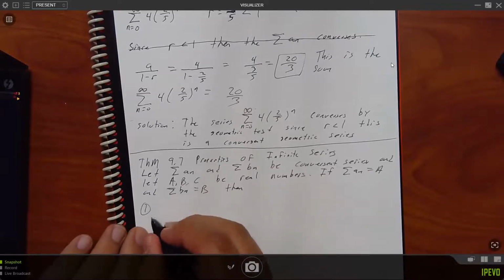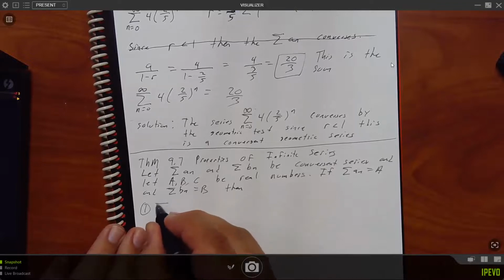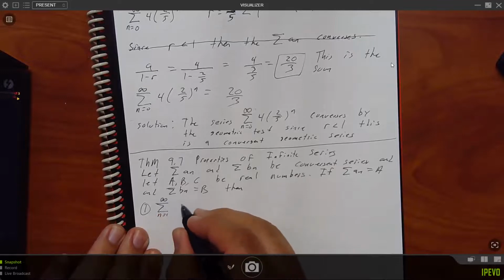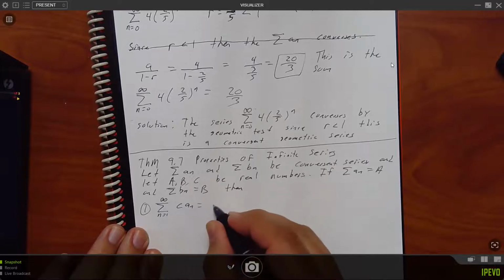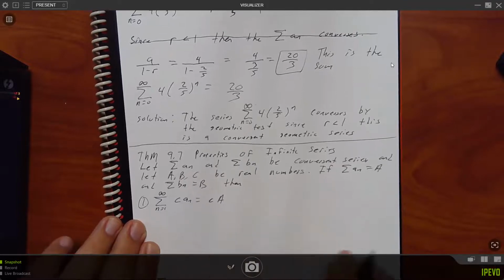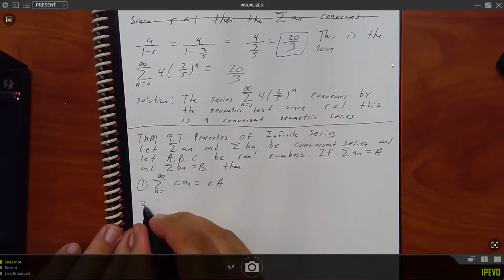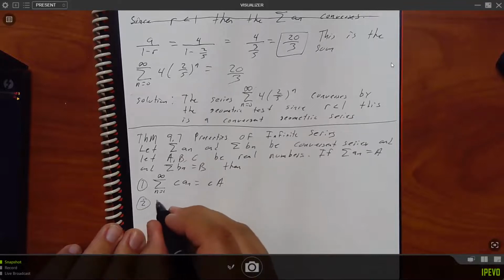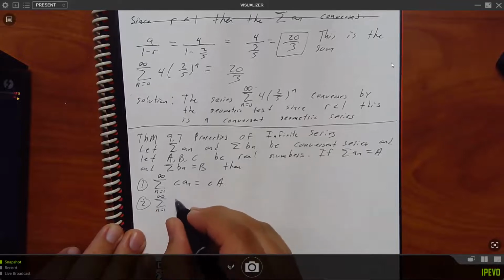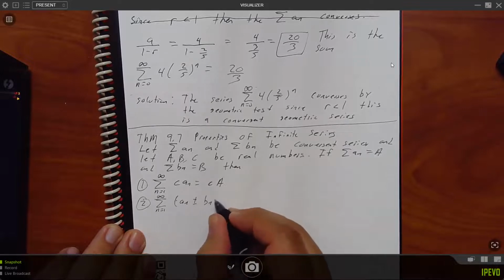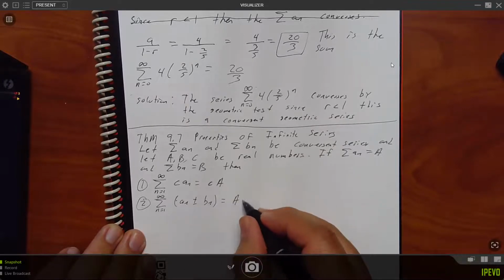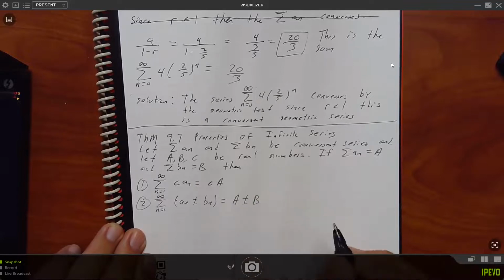Number one, the series from 1 to infinity of c times a sub n is equal to c times A. So similar to the limit properties, right? Number two, if you were to add them together, a sub n plus or minus b sub n, that will simply be A plus or minus B.